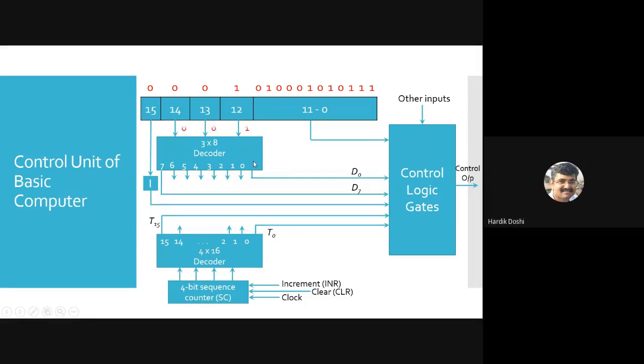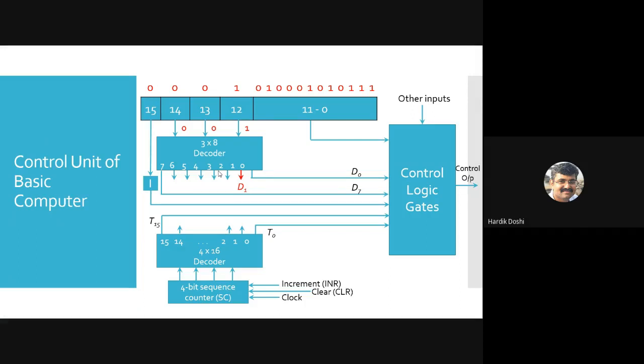D1. So 0, 0, 1 is given as input and you get D1. Yes or no? So when an add instruction is under execution, this D1 line will carry 1, and the rest of the lines will be 0. Did you get this now?